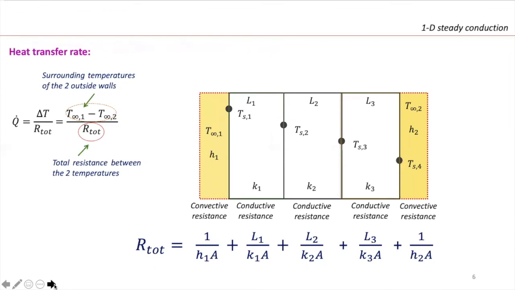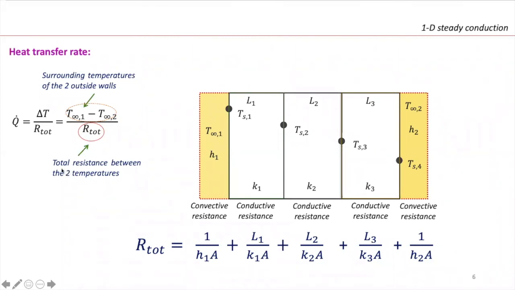What if we want to calculate the heat transfer rate through this wall? Well, we have to take the difference of the surrounding temperatures on the two sides, because we want to calculate the heat transfer through the whole composite wall. So it will be T surroundings 1 minus T surroundings 2 divided by R total.